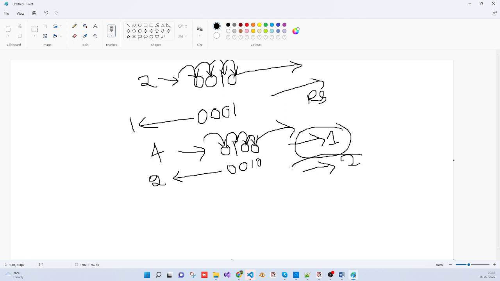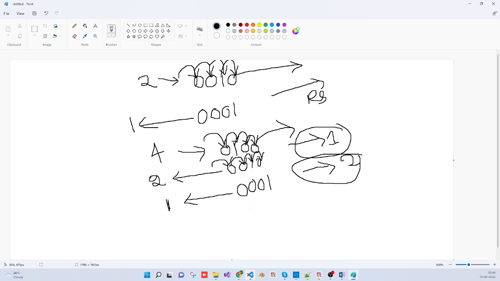If I shift a second time, one more extra zero is added here, this zero goes here, this zero goes here, and this one goes here. So now my output is 0001, and the decimal output is 1.